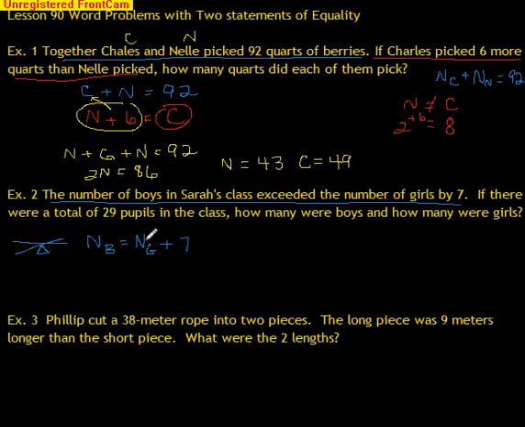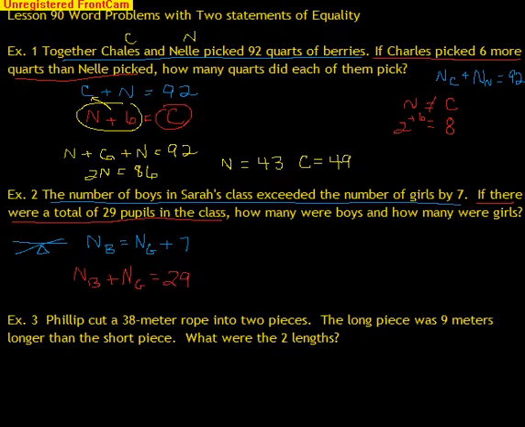Now we're balanced by adding the 7. That's the first equation. The next one says, if there were a total of 29 pupils in the class, how many boys and how many were girls? Well, we know the total number of boys plus the number of girls equals 29.